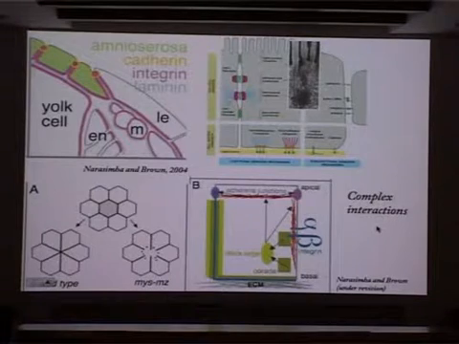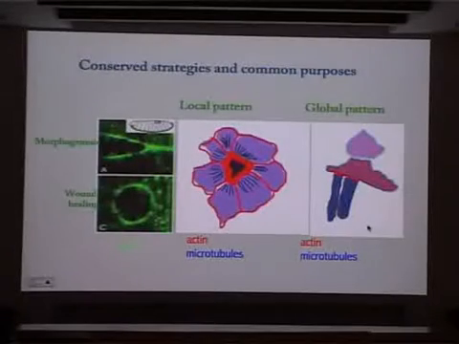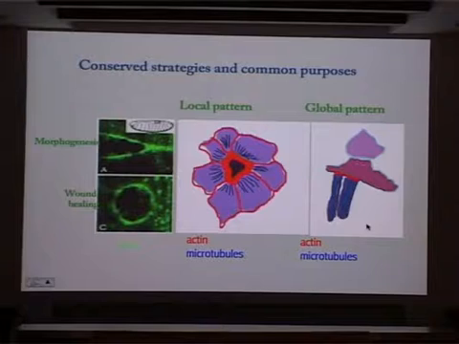In other cases, we don't really understand it. And yet, one can find some common themes in the way the cytoskeleton reorganizes in distinct places. Even though these behaviors are different, there are some commonalities in the way in which the cytoskeleton reorganizes.